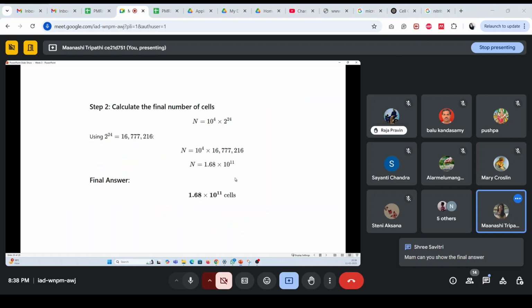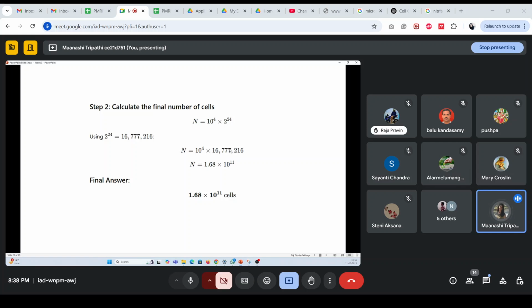the number of zeros that are there is 11. So if you write 168 and 9 zeros, you will be prompted to write it in scientific notation. Here also, see, the answer we are getting is 16,777,216.